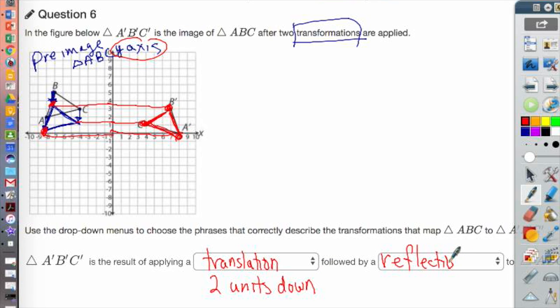Now let's check what we reflected over. The y-axis. Not the x-axis, but the y-axis. That's the vertical line here. Reflection across the y-axis.